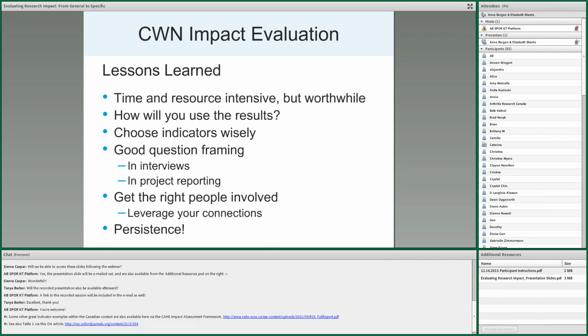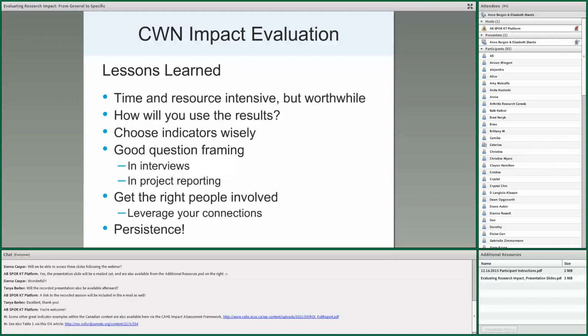So, as Anne mentioned, that question, how are you going to use the results, is really, really key. We had initially just thought that this would be a comparison of particular programs, but it expanded as we went, and as the goals expanded, we found the questions that we were asking were moving to meet those expanding goals.